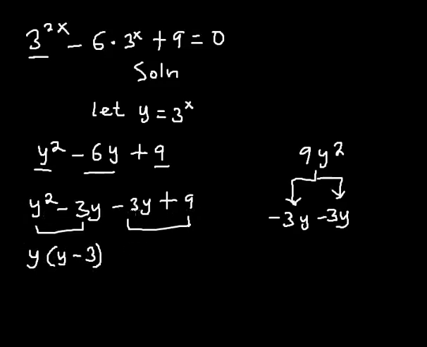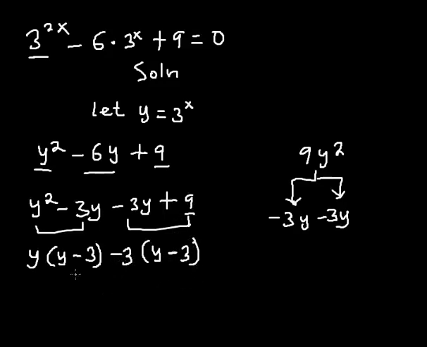What is common between minus 3y plus 9? The common factor is minus 3. So I have to open a bracket, and the other factor I put inside the bracket. Then the other factor of 9, since 3 is already outside, is still going to be minus 3. Of course, you now have to use minus 3 because minus 3 times minus 3 will still give me 9.